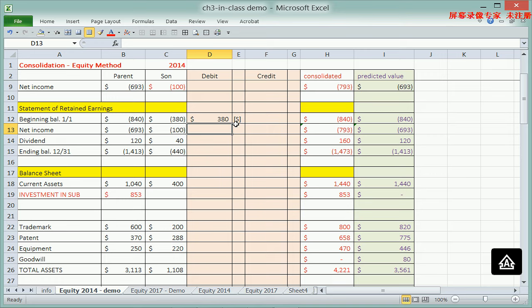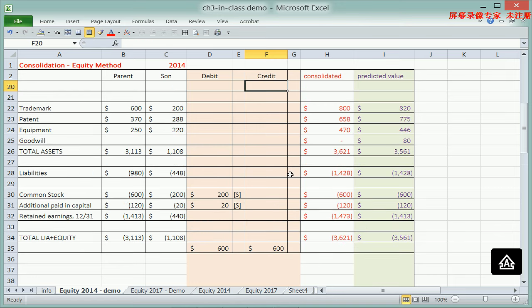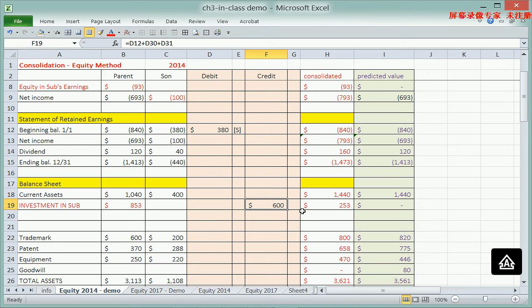Remember, S and A are related to eliminating the investment account. So the investment basically would be the S entry added up, to be eliminated.